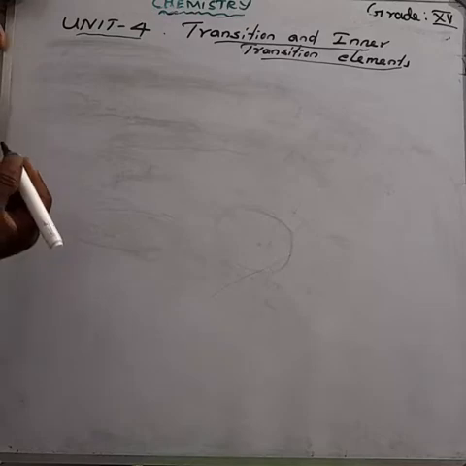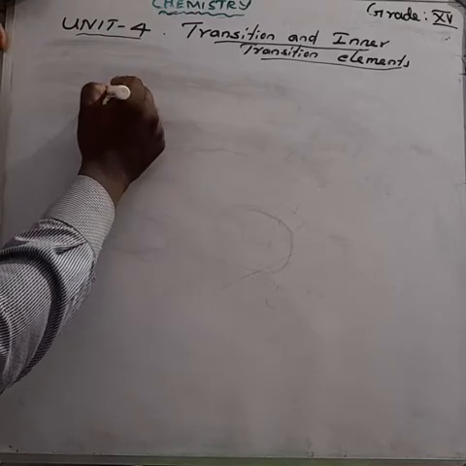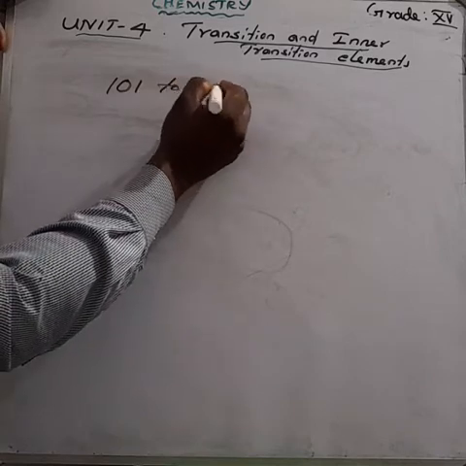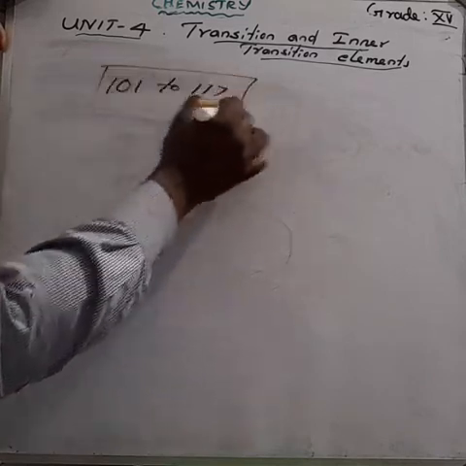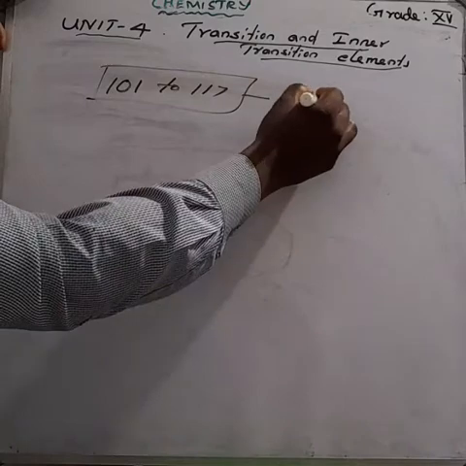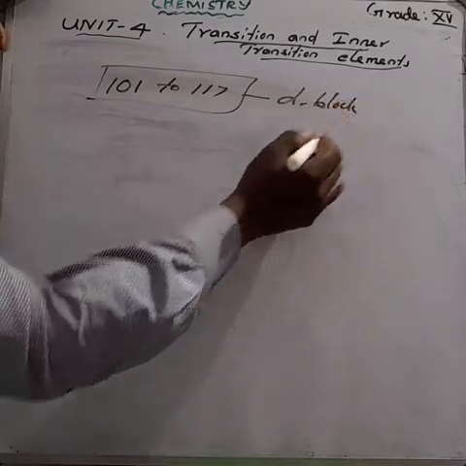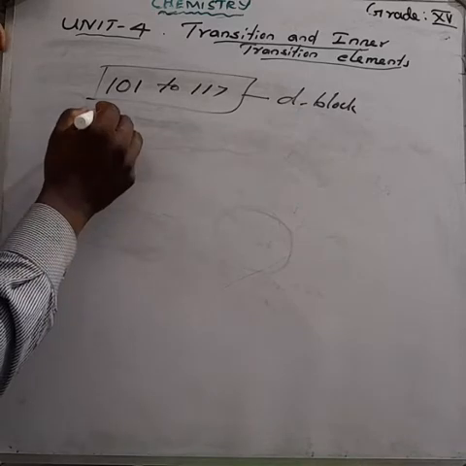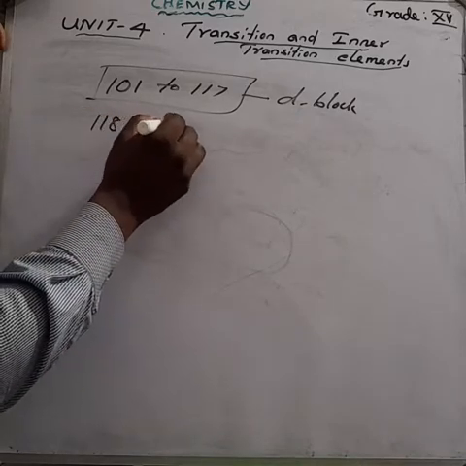For example, from this lesson, the page number 101 to 117 pages we are discussing about the transition metals. From the page number 118 to 124, we are discussing about the F block elements.